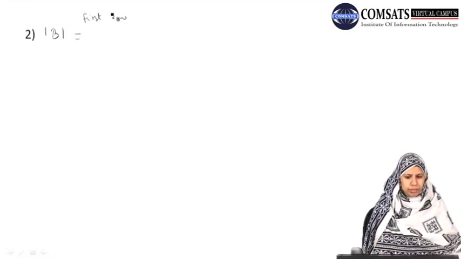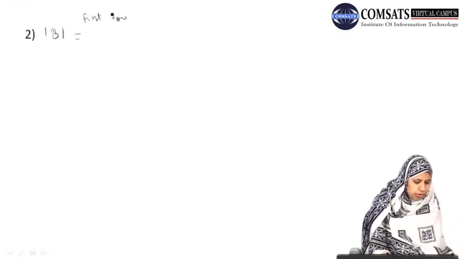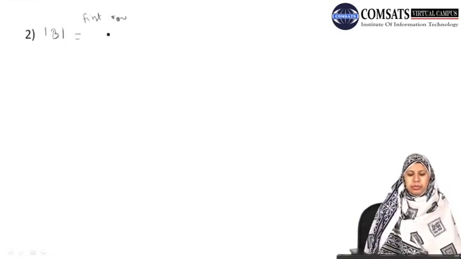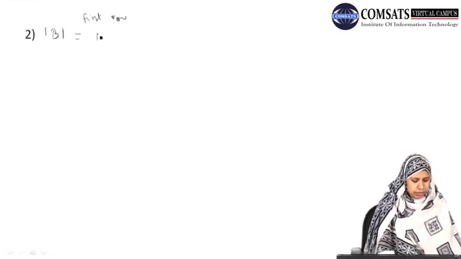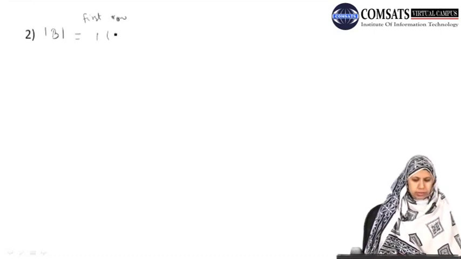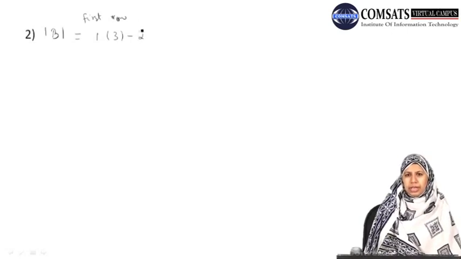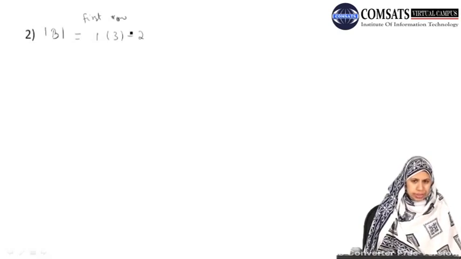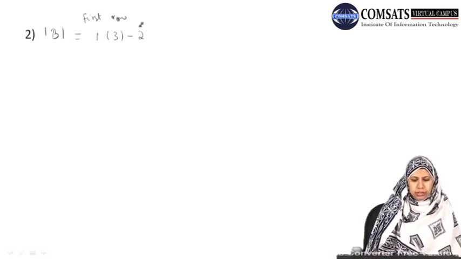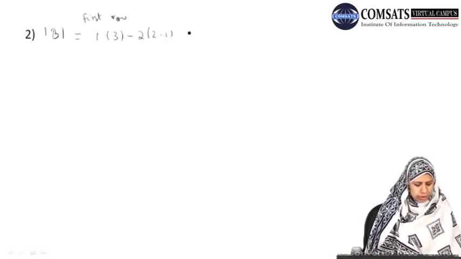Okay, by selecting the first row, the determinant will be equal to the first entry, which is 1, and the cofactor is 3, minus, because the entry 1 2 has the number associated with it as minus 1, 2 into 2 minus 1, and the third entry is 0.